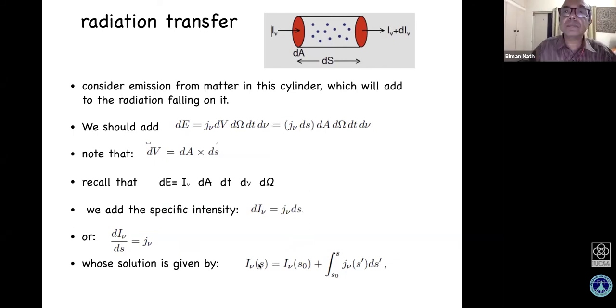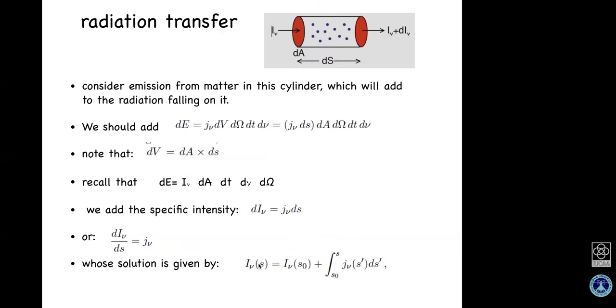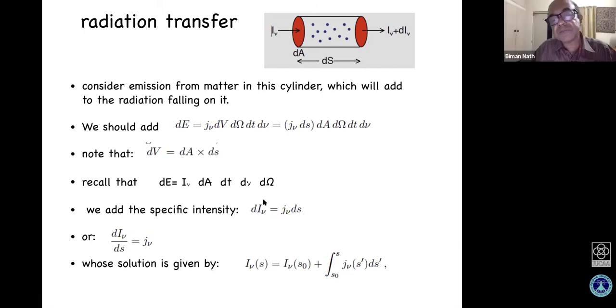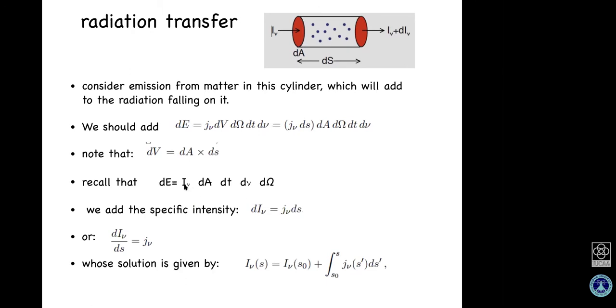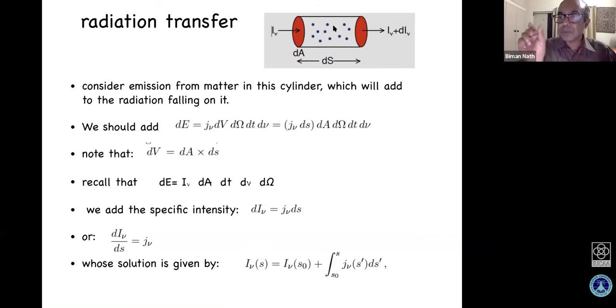Sir, that means that dI_ν is the integral part. Is it okay? Well, this is the differential amount that I'm adding to I_ν, because these are all differential volumes, small volumes that I've taken, dV. So this is the extra term that I should add to the specific intensity.